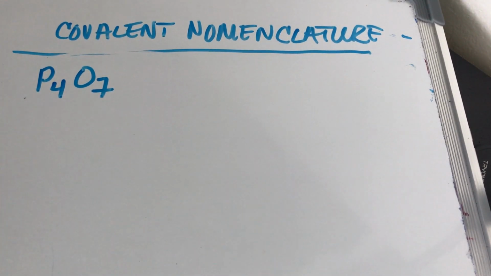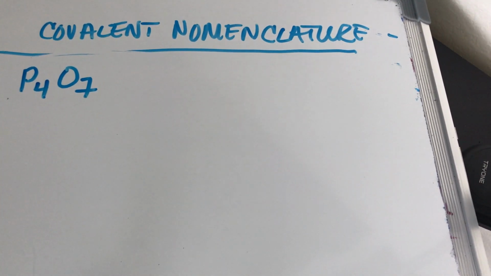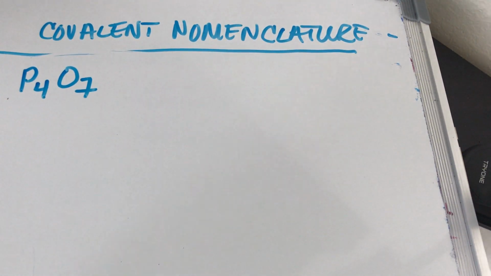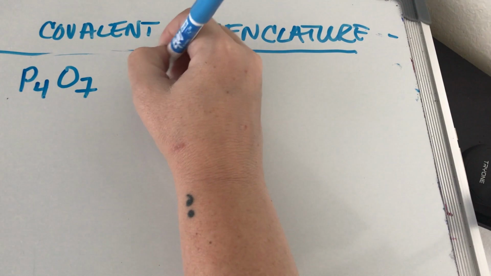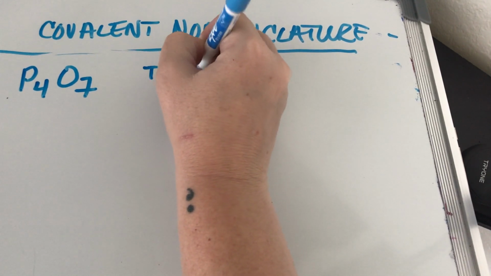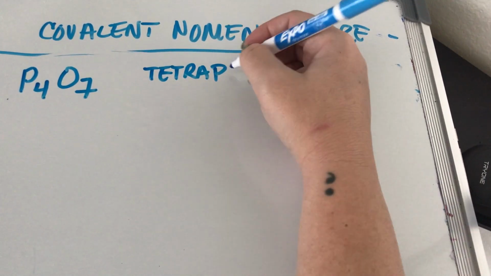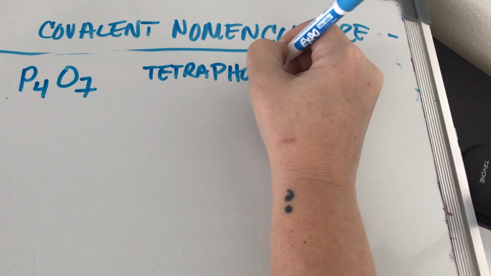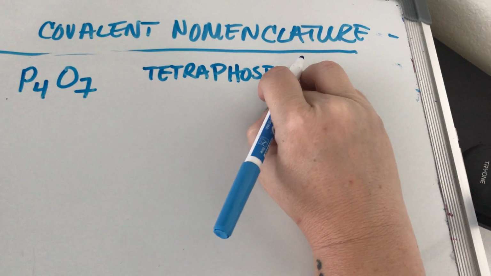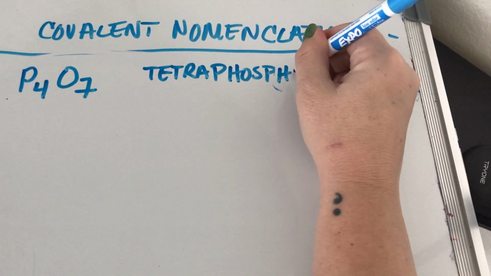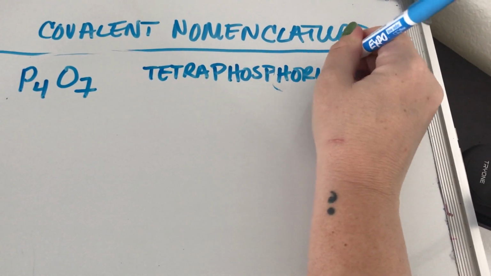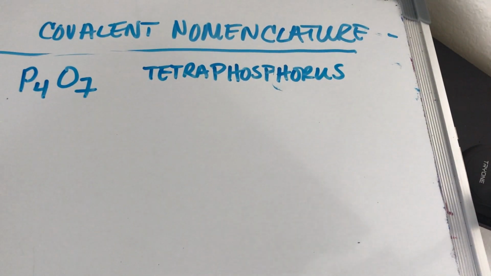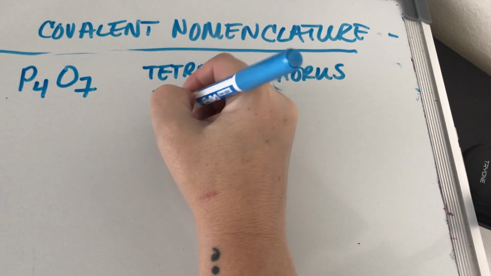What would our chemical name be here? Tetraphosphorus, heptoxide or something? Yeah. Tetraphosphorus. Heptoxide?